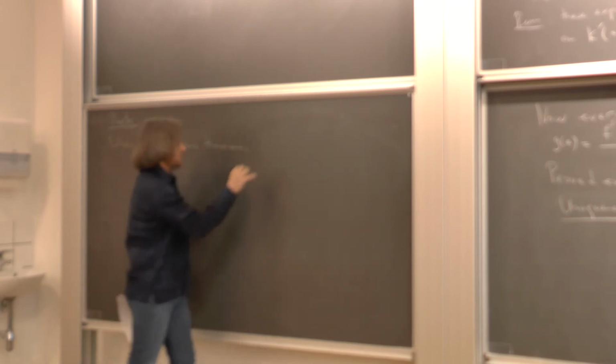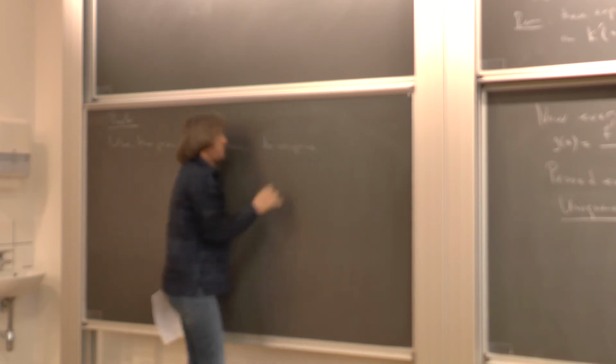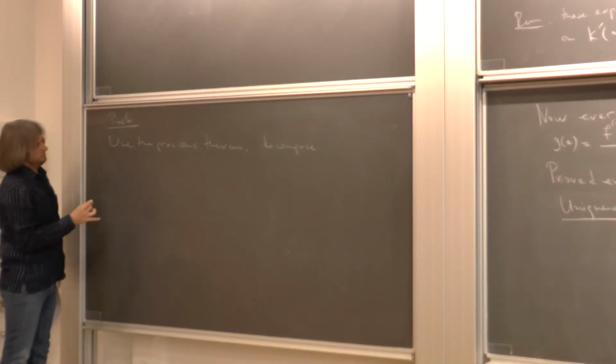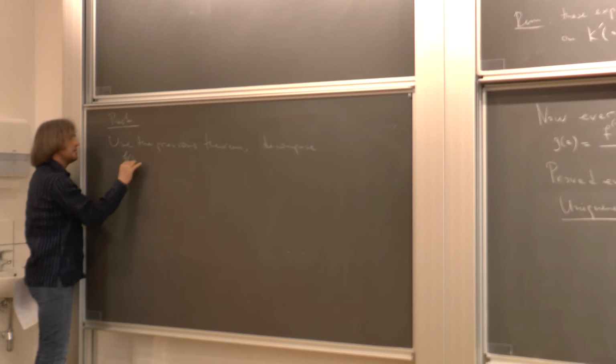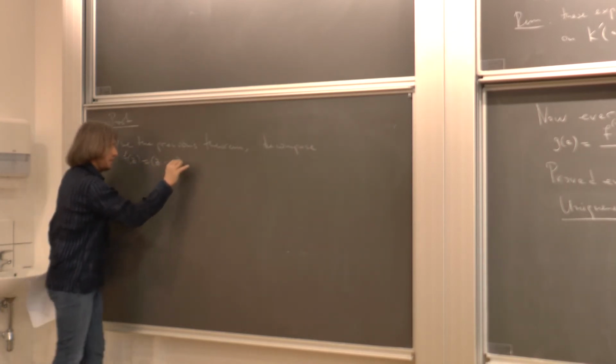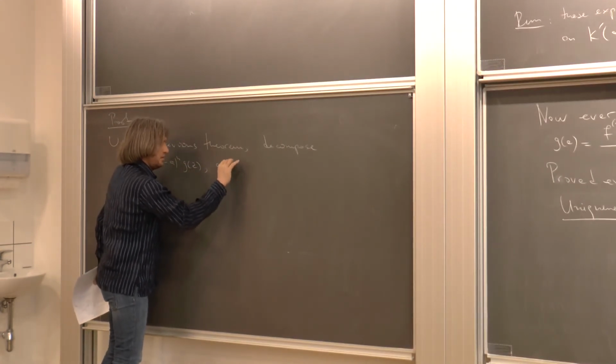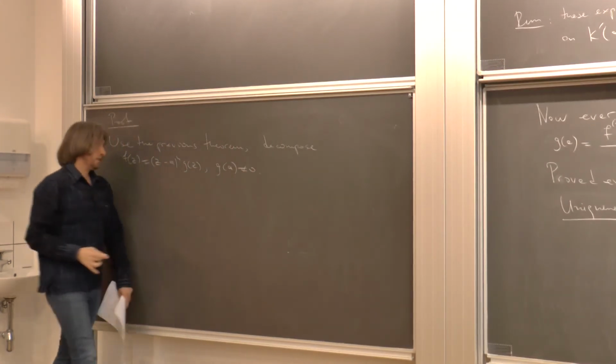So decompose f of z as (z minus a)^n g of z, where g of a is not 0.